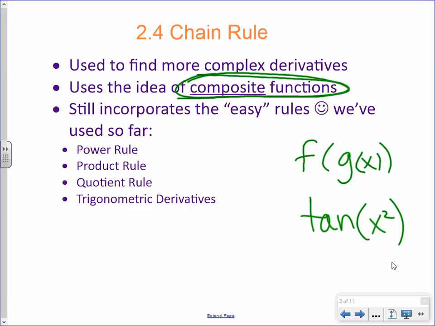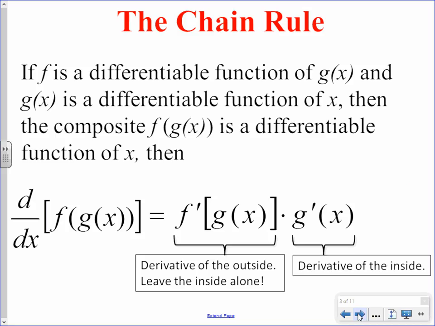Okay, so Michael gave us what a composition looks like in general, right? So let's look at what the derivative looks like in general, okay? I wouldn't worry about writing this paragraph down.